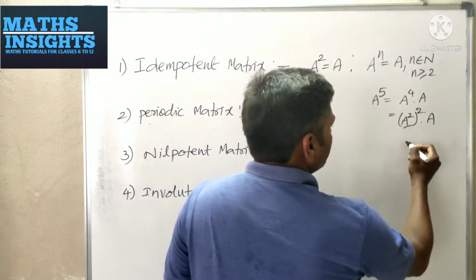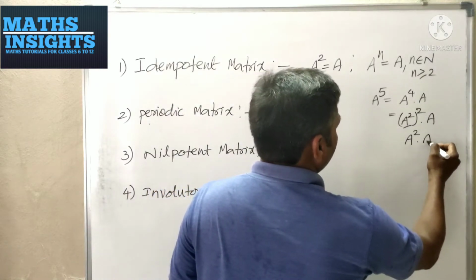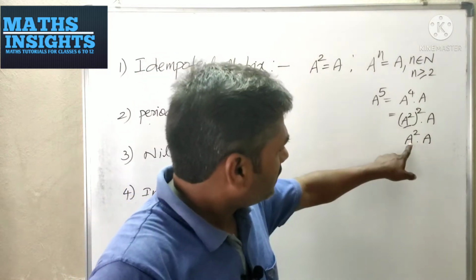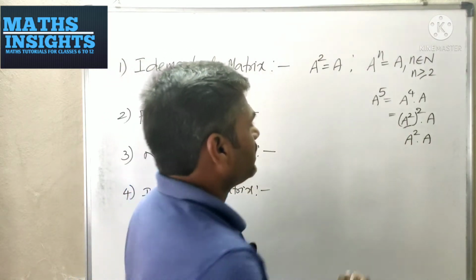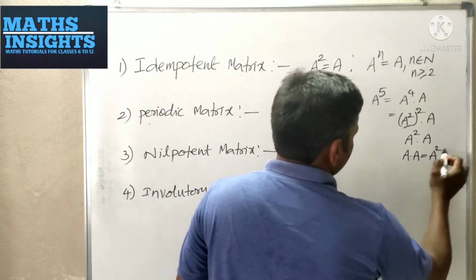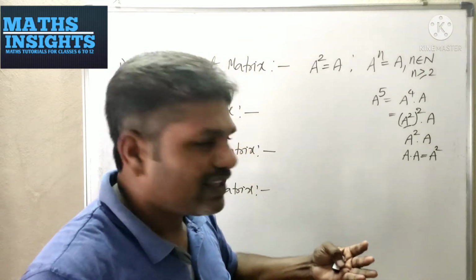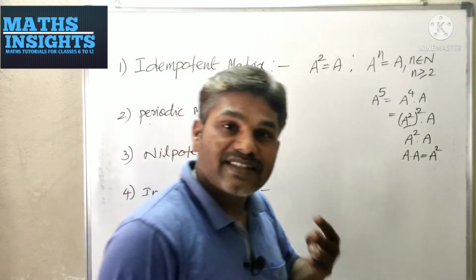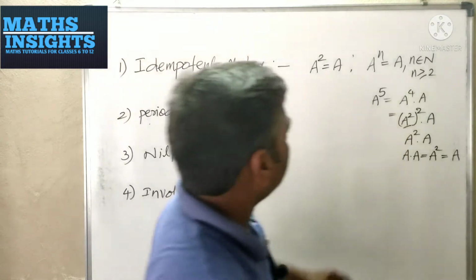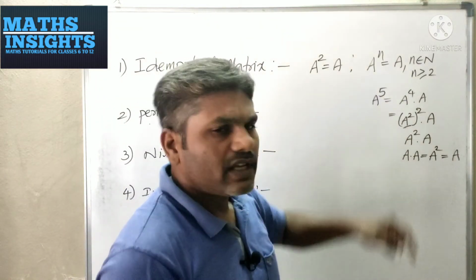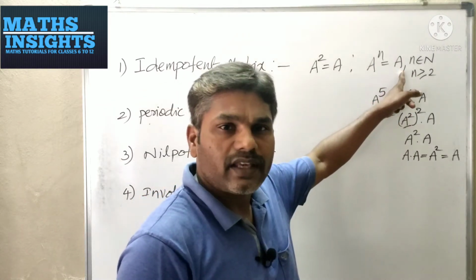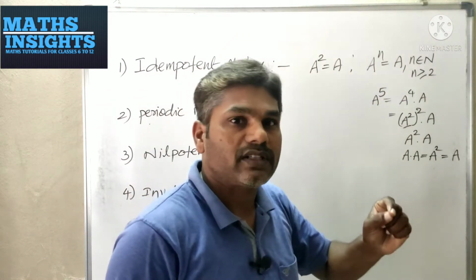Therefore, in the place of A square I am writing A. This is A square into A. Again, since A is idempotent, A square may be written as A. Therefore, it will become A into A, which is A square. Again, A square gives you A since A is idempotent matrix. In this way, you may say that A power n, that means A is raised to whatever the power, that gives you again A when A is idempotent.